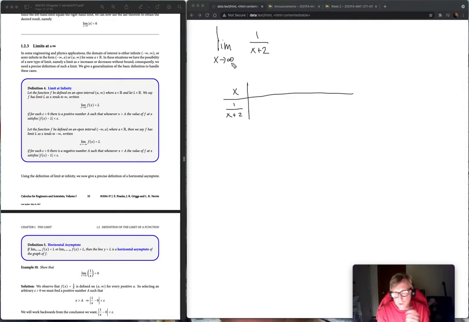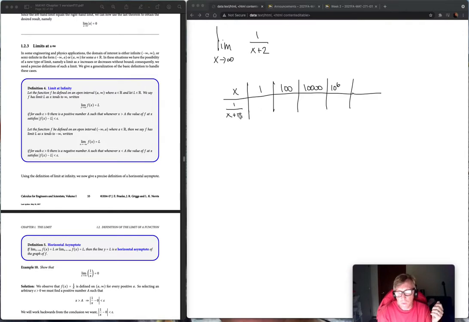Since x is approaching positive infinity, in our table we need numbers that are getting increasingly large very fast. So maybe x starts out being 1, then 100, then 10,000, and then maybe 10 to the 6th power, a million.